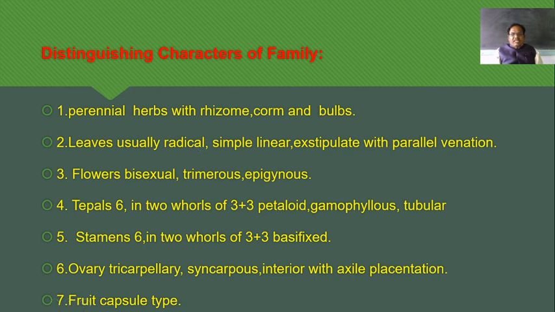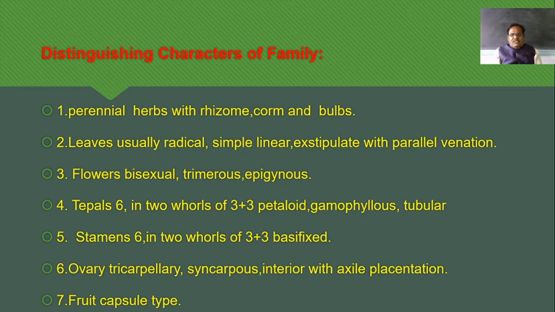Flowers have calyx and corolla absent, but have androecium and gynoecium, so they are bisexual, and they show the trimerous nature, that is perianth are 3, and flower is epigynous; ovary is inferior, so flower is epigynous.